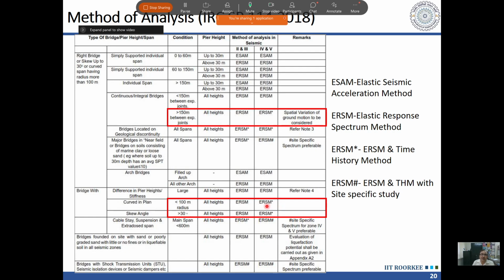In the case of tall bridges, long span bridges, askew and curved bridges, and irregular bridges, we should go for time history analysis, or at least the mode superposition method using either time history or response spectrum, so that the contribution of higher modes is taken into account. The single mode equivalent static method is not applicable in such cases.